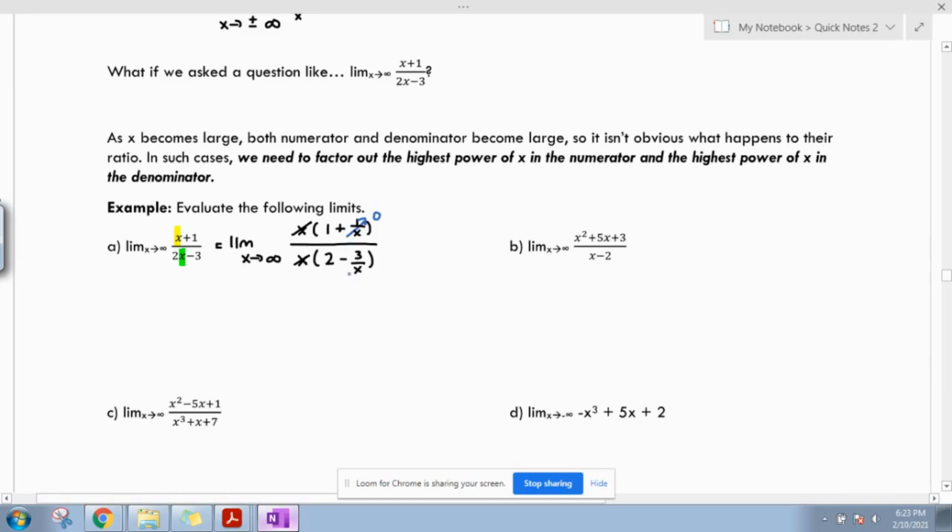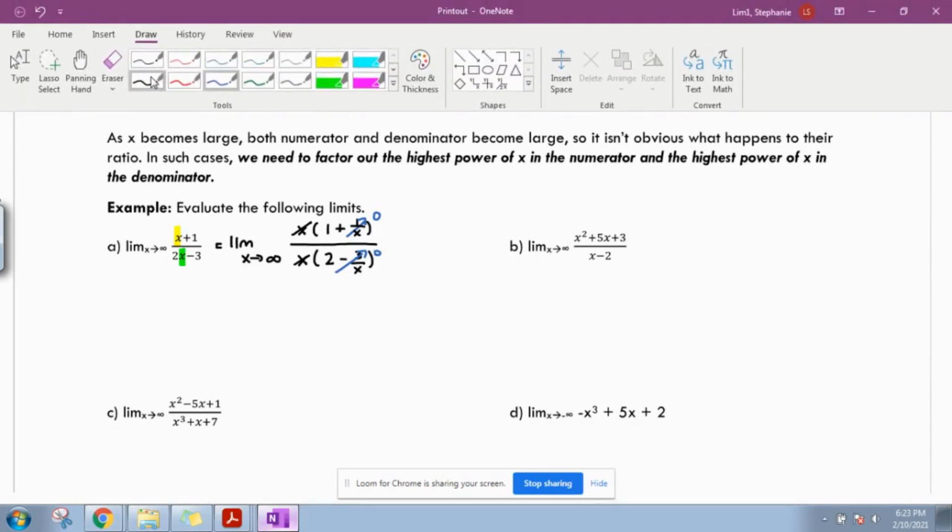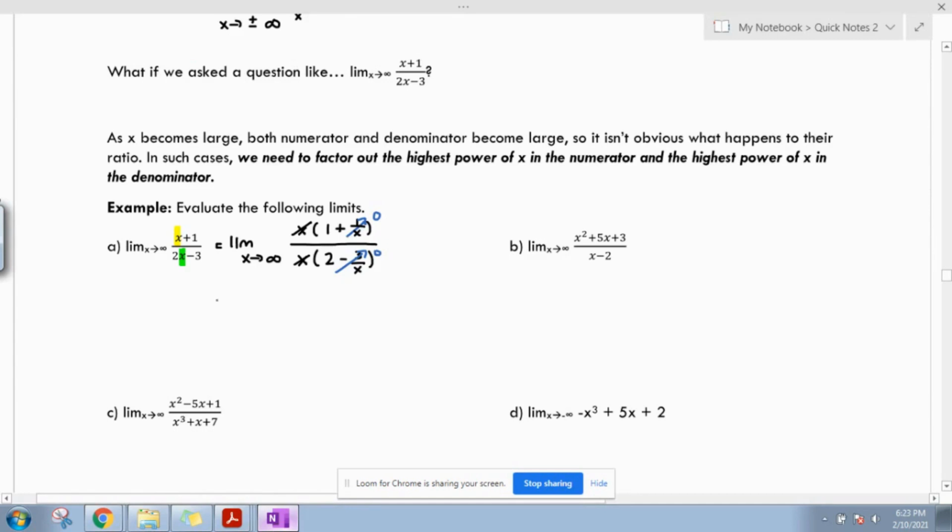If I plug in a really large number for x, this whole back portion also goes to 0 as well. So at the end of the day, when we think about going off to infinity, we're only left with 2 numbers, which is 1 over 2. So the limit as x approaches positive infinity for (x plus 1) over (2x minus 3) is simply 1/2.